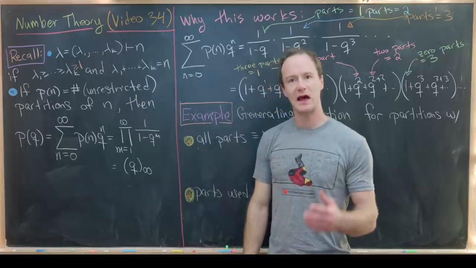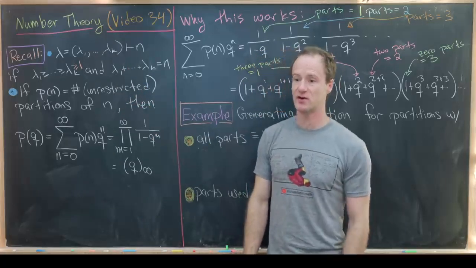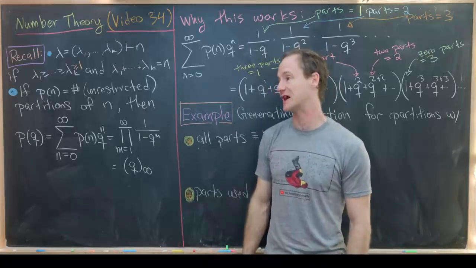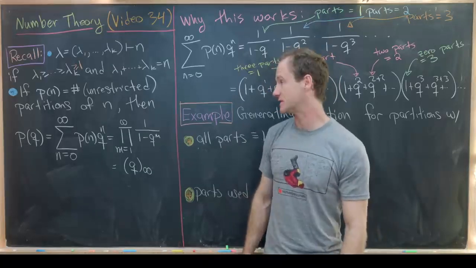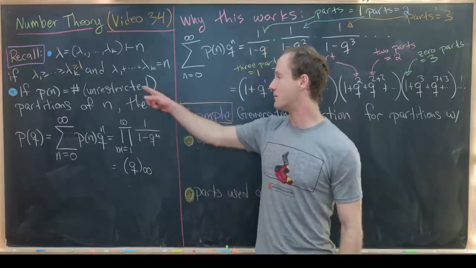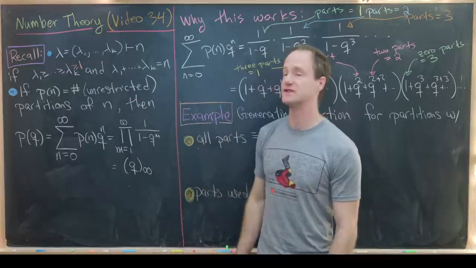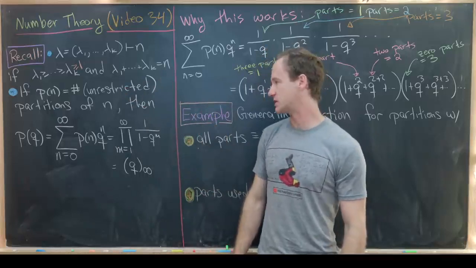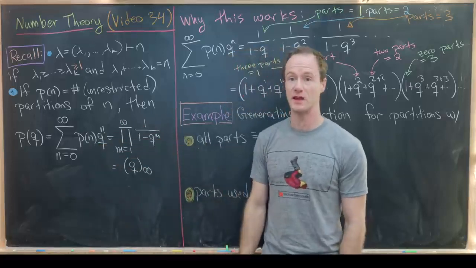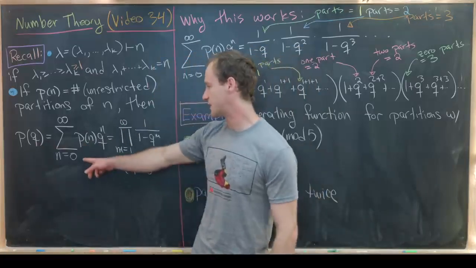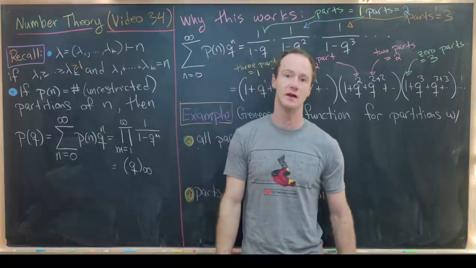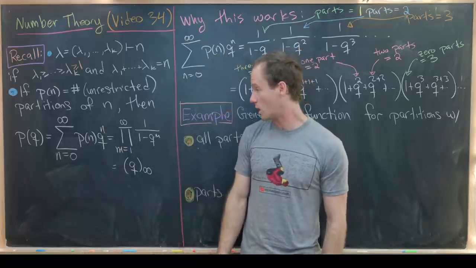n. Now let's recall that generating functions are an important tool for studying partitions and coming up with partition identities, as we've seen in previous videos. And so if we set P of n equal to the number of unrestricted partitions of n, that's sometimes called the partition function, then the generating function for P of n, sometimes called P of q, is going to be the sum as n goes from 0 to infinity of P of n q to the n, where we take P of 0 to be 1.